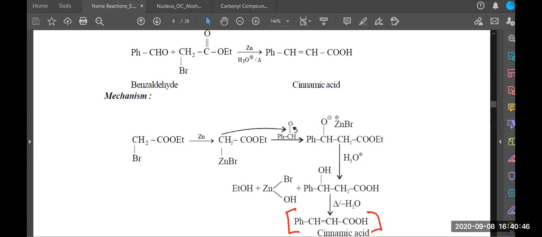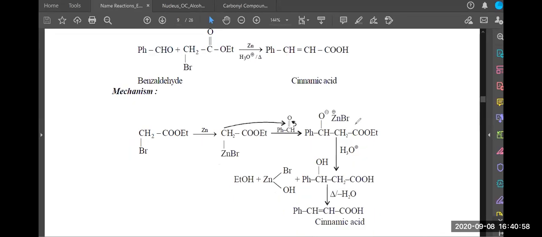I've specifically told you the name of the product, right? No, Shreya, it was not Knoevenagel. It was Perkin reaction. Remember, everyone?